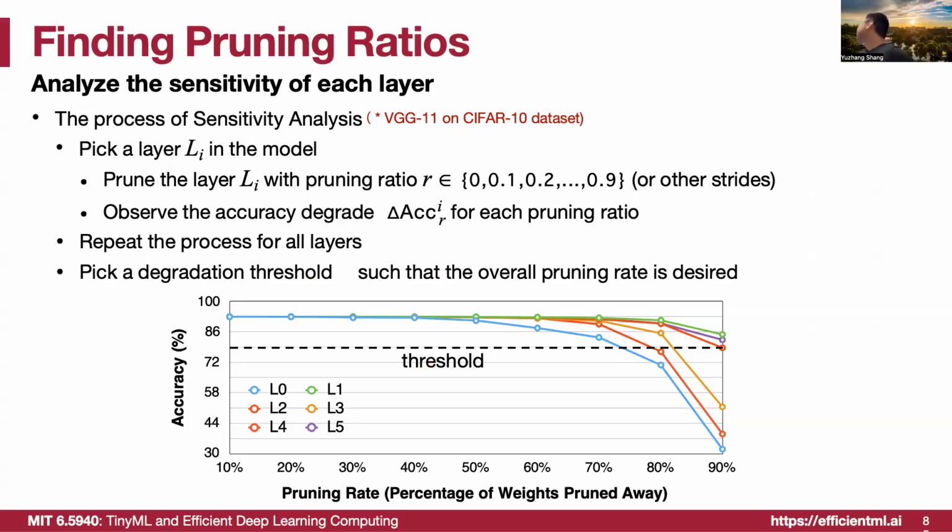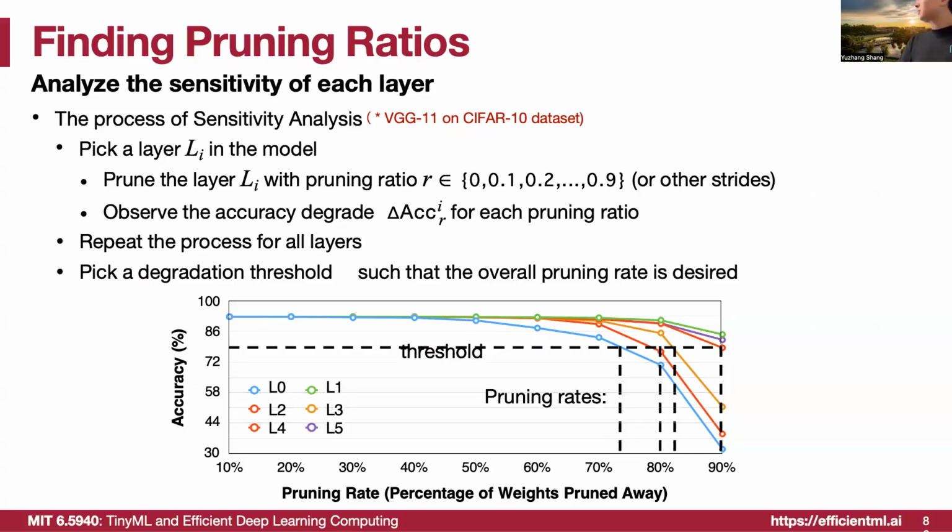Basically, we want to maintain at least this level of performance in the pruned network, so we set the threshold here. For layers with different sensitivity, we choose different pruning ratios. For these 3 layers, we can prune 90% of the elements, and for these 3 layers, we choose different pruning ratios.